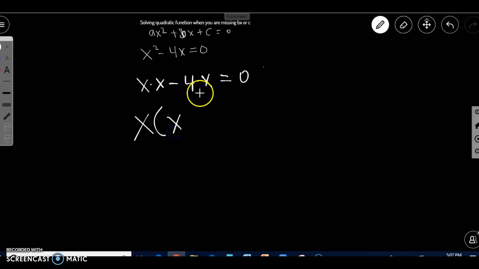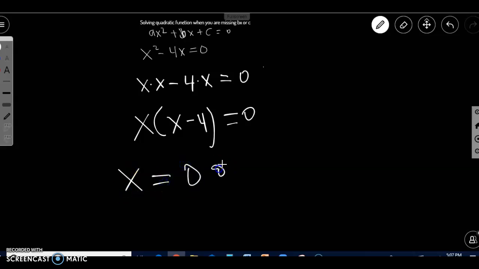Here it was 4x, and we have taken the x out, so what is left is 4, and that equals 0. Two numbers multiply to give you 0, so it could be that x equals 0 or x minus 4 equals 0, which implies that x equals 4.